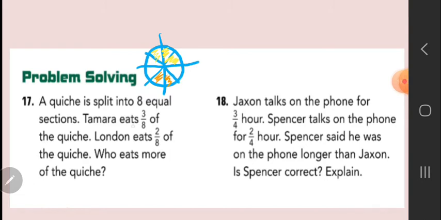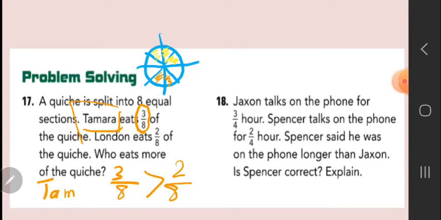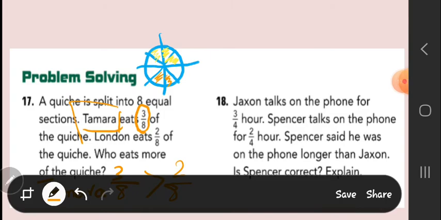Of course, you know the answer. Tamara will eat more because 3/8 is greater than 2/8, and you can write her name, Tamara. Okay. Let's move to the next one.